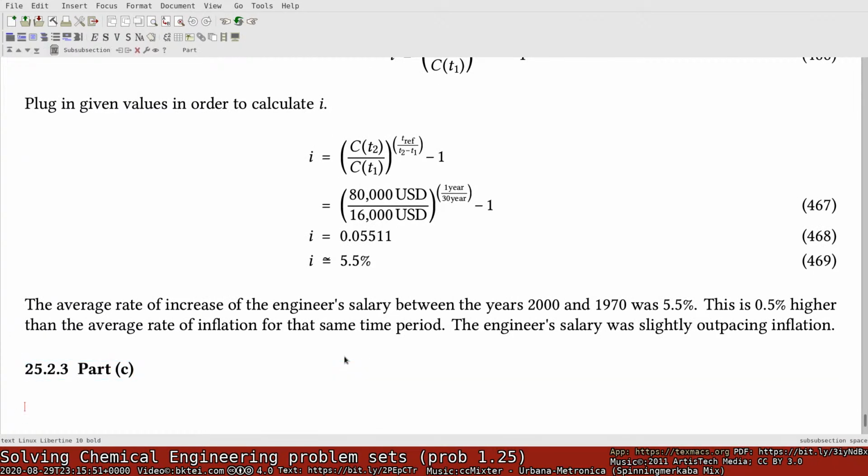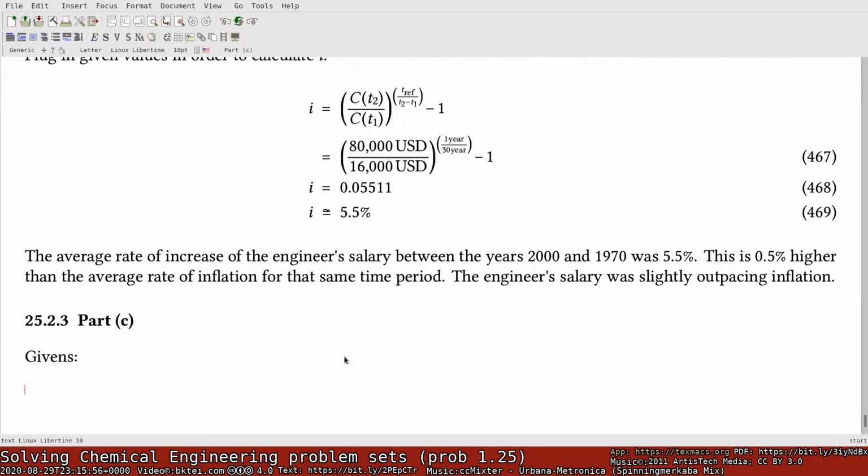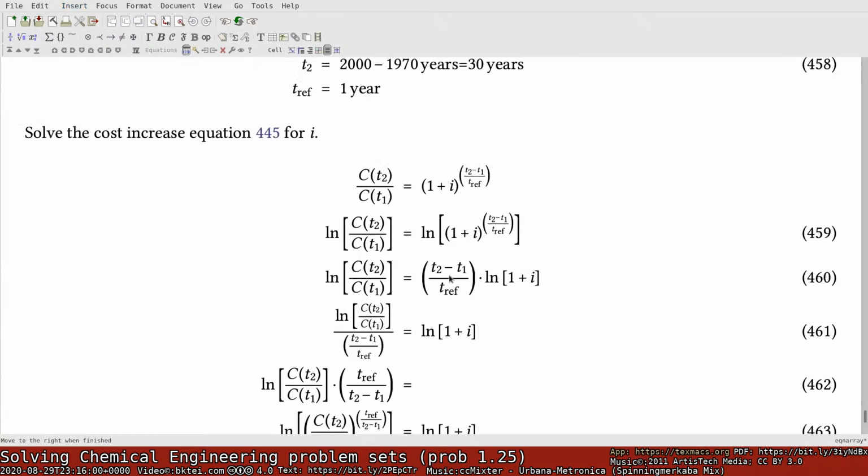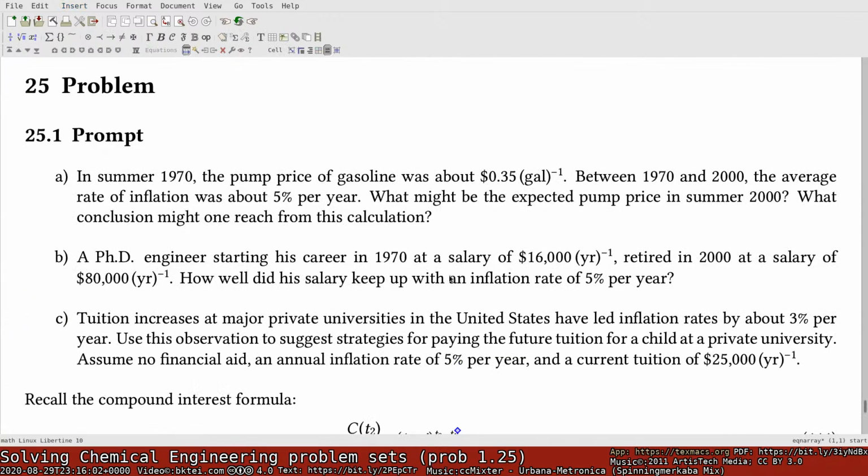Part C. Givens. We are given. Well, let's see. What is it? What are we asked exactly? Use this observation to suggest strategies for paying the future tuition for a child at a private university, assume no financial aid, and then so on.